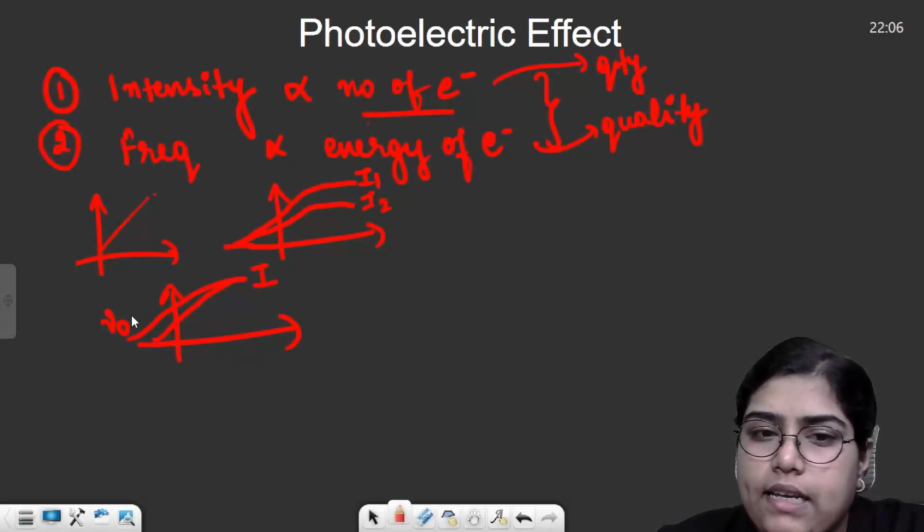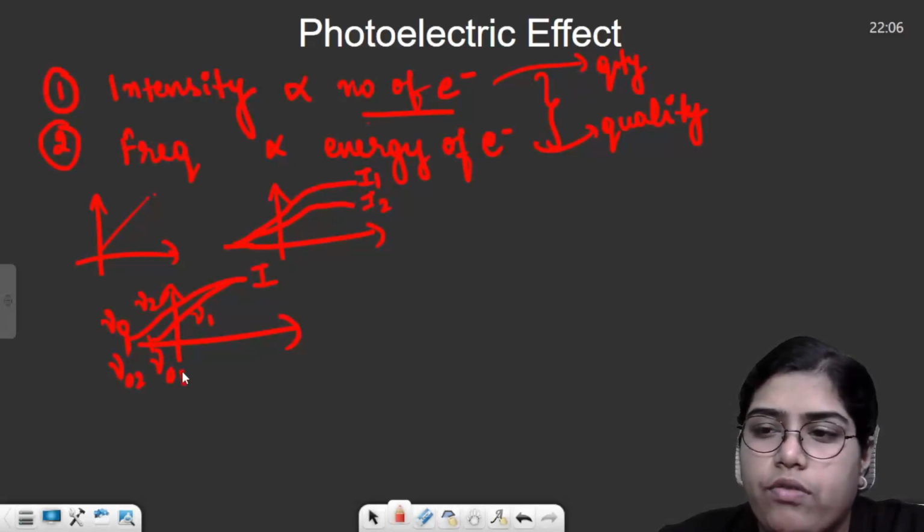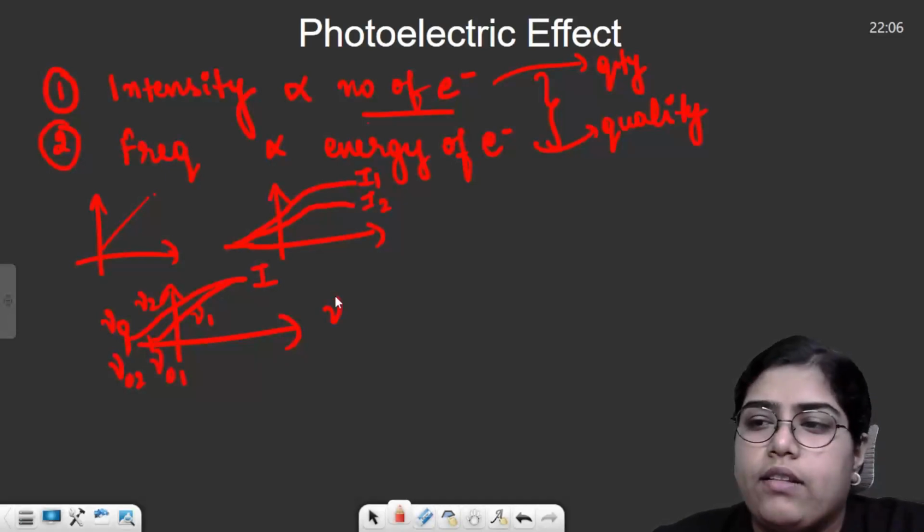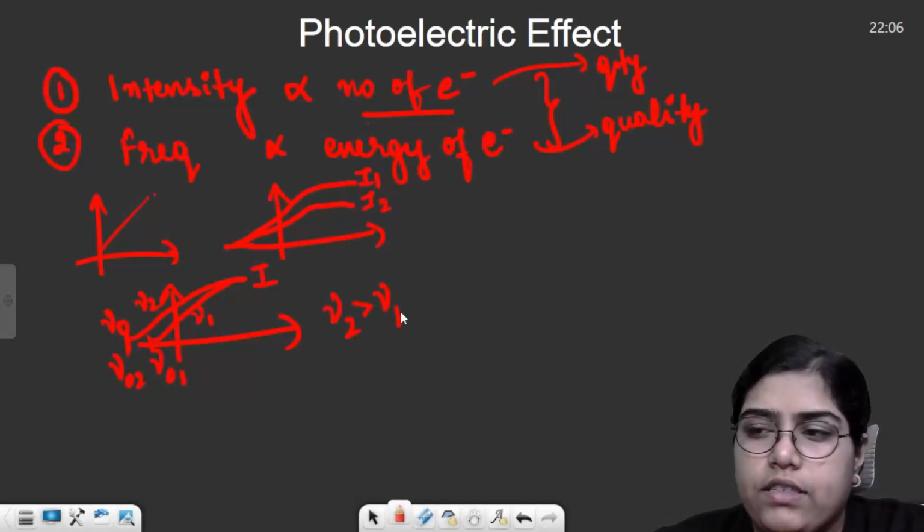same intensity. So this was for frequency 2, this was for frequency 1, this was stopping potential 2, this was the stopping potential of 1. So over here, frequency 2 was greater than frequency 1. Over here, intensity 2 was greater than intensity 1.